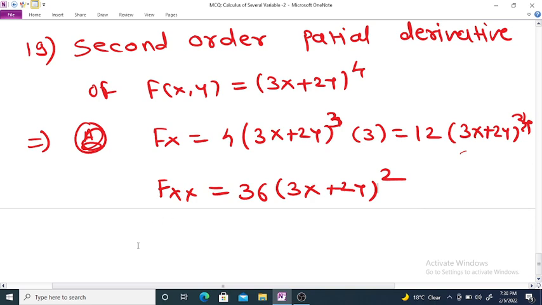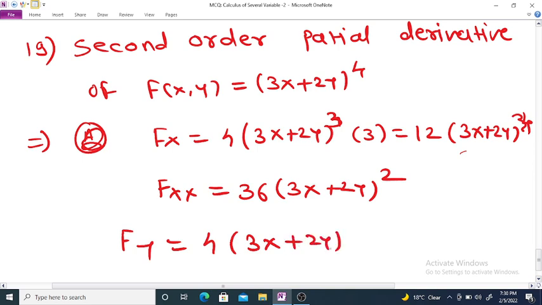This is f of xx. So what is f of y? F of y is equal to 4 times (3x plus 2y) raised to 3, into the derivative of this term with respect to y, which is 2.